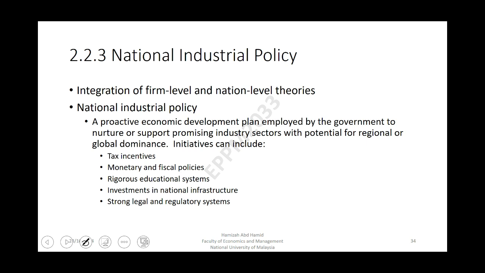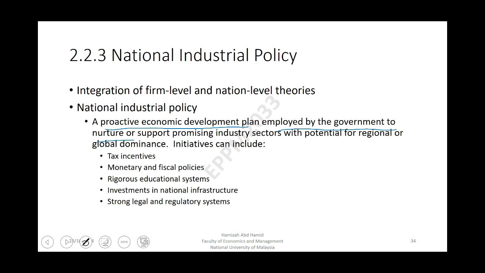Creating a competitive advantage will need a joint effort with the government as well. So Michael Porter came up with the National Industrial Policy. So National Industrial Policy is an integration of firm level and nation level theories. This is a proactive economic development plan employed by the government.